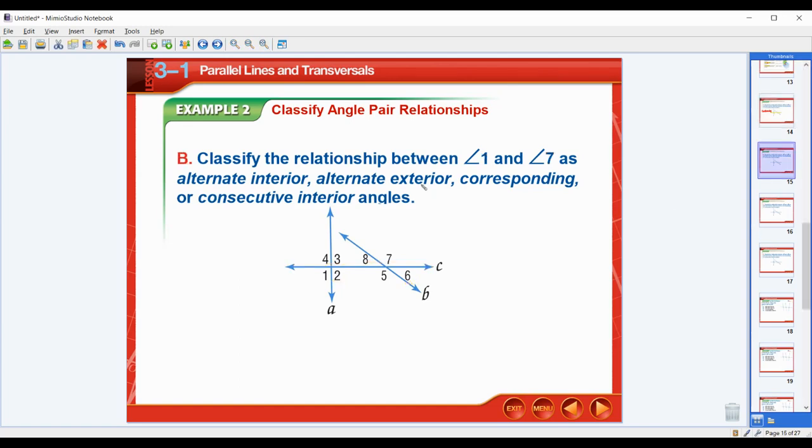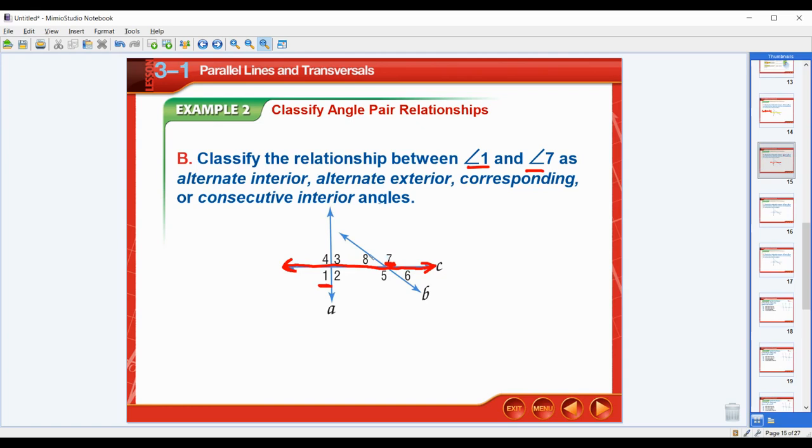Let's check out this one. We got angle 1, and angle 7. So angle 1 here looks like it's on the outside. Angle 7 also on the outside. C is our transversal. So they are on opposite sides of the transversal. And they are both on the outside.